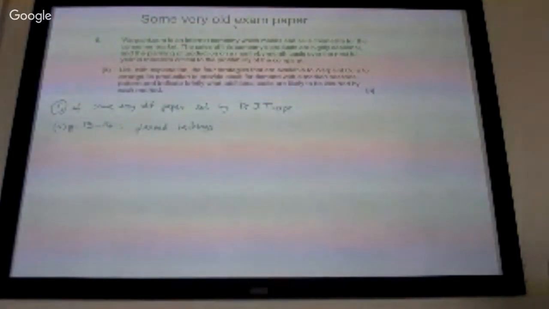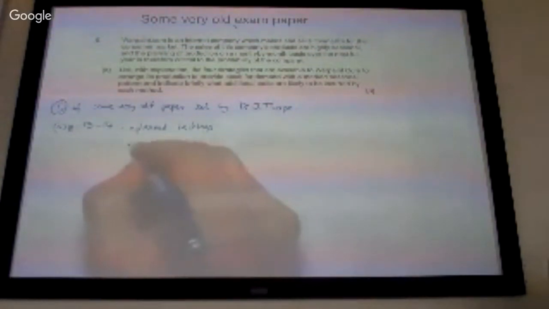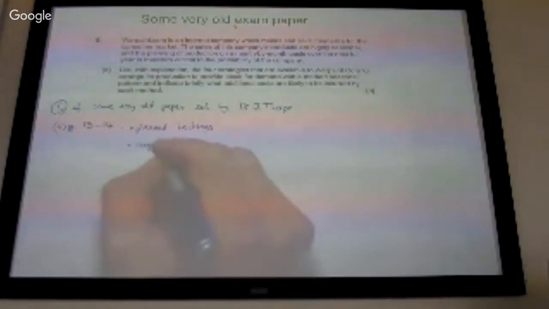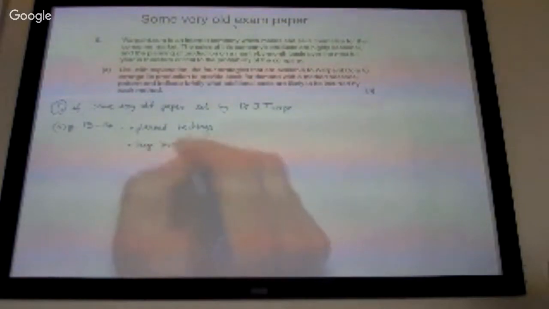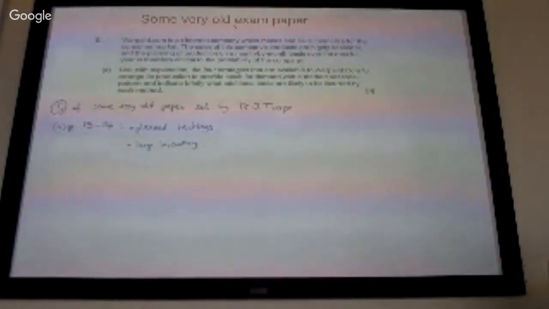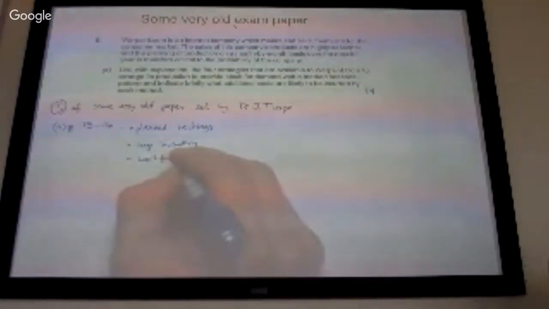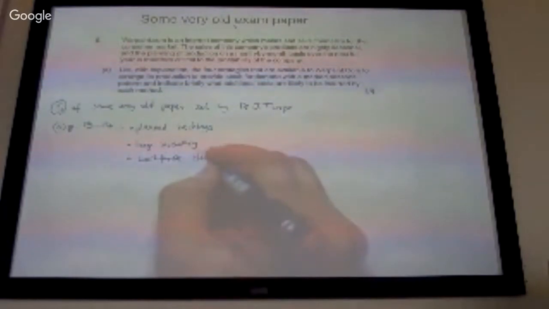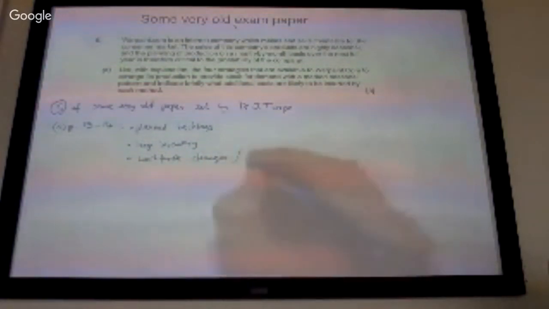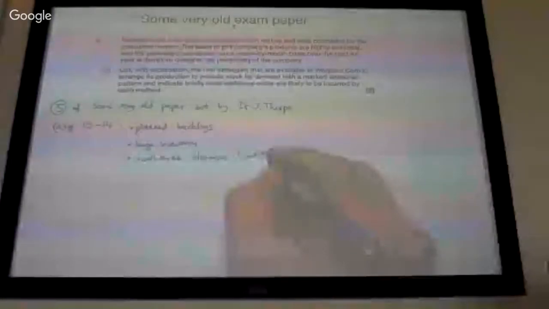So one way of doing it is you plan backlogs. Sometimes you can do it. Then it says large inventory, so you just produce a lot when the demand is low and store it. Workforce changes and overtime.